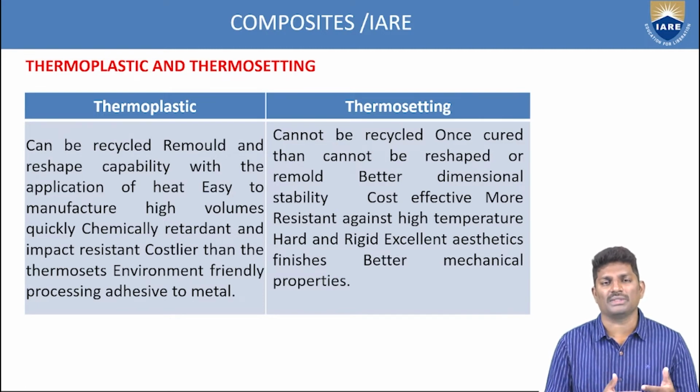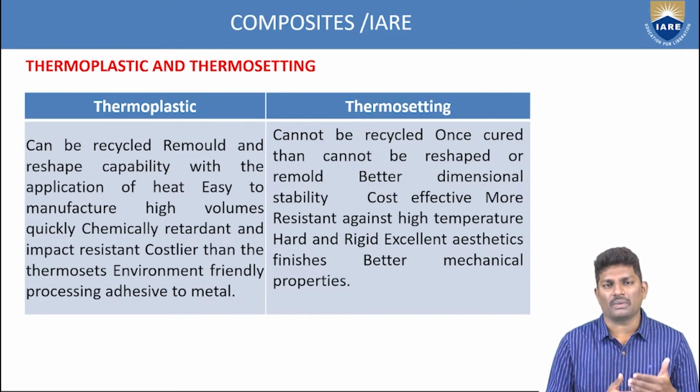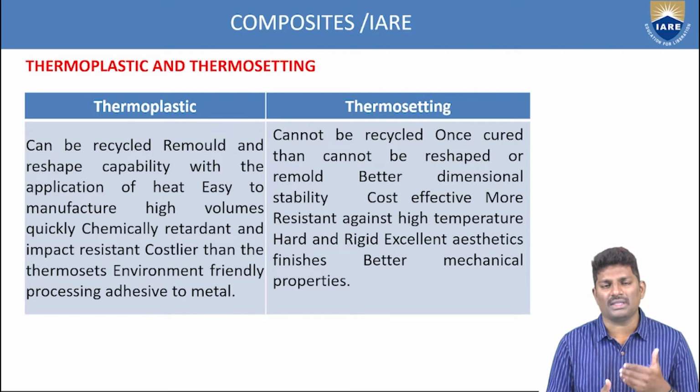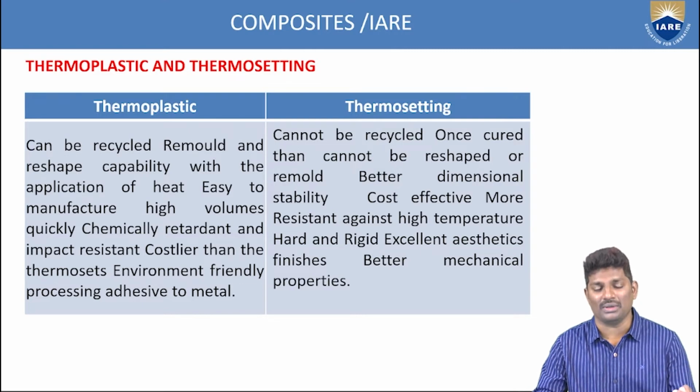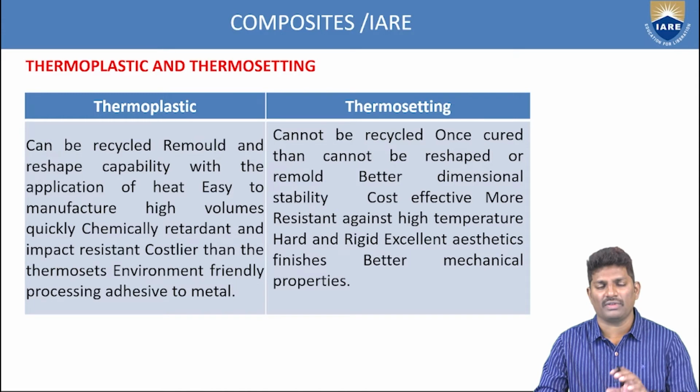This can be reused, and again you can prepare the required shape. So that is the main thing you have in the thermoplastics. That's why it has the ability to be recycled, remolded, or reshaped. Whatever shape you got, if you have any differences in the shape, again it can be remolded or reshaped. How? By the application of heat, we do all these things. So that is the main point you have to remember in the thermoplastic.